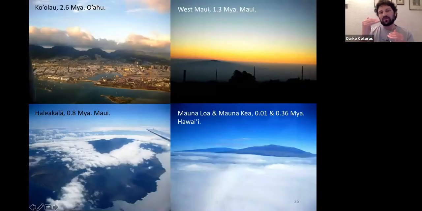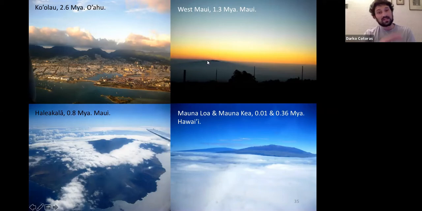Another interesting thing related with rainforest and age of the island is that as islands are subsiding, the amount of area exposed to the inversion layer, where the clouds sit, is shrinking with time. So in the case of the volcanoes Mauna Kea and Mauna Loa on the Big Island, we see that they stick up above the inversion layer for almost 2,000 meters. So we have 2,000 meters of alpine environment and all the rainforest down here. For Haleakala, it's a little bit less, and we have all the rainforests, especially on the windward side.